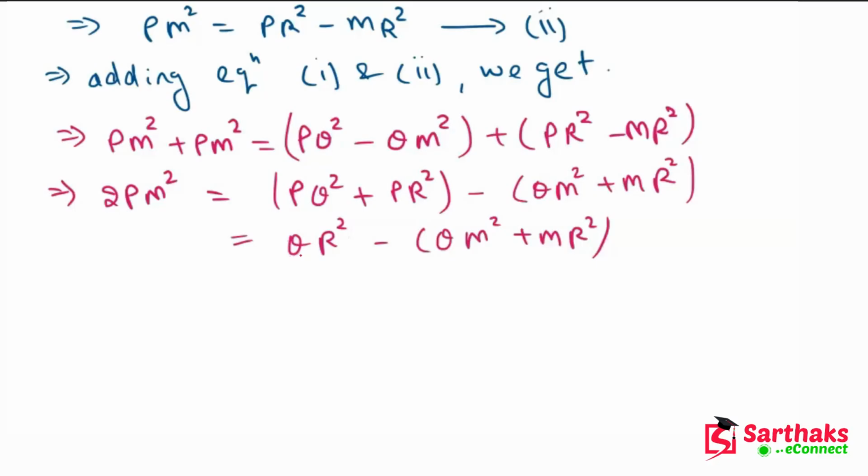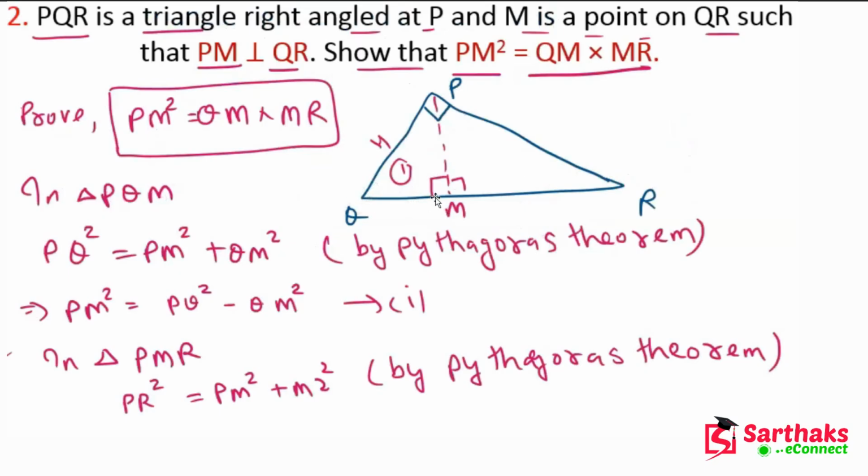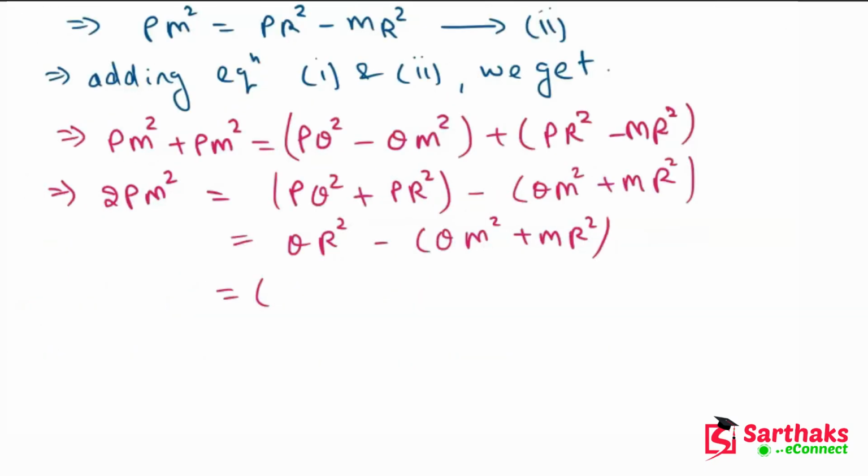And we can again expand qr square. We can write qr as qm plus mr, so qr square as qm plus mr whole square, minus qm square minus mr square.